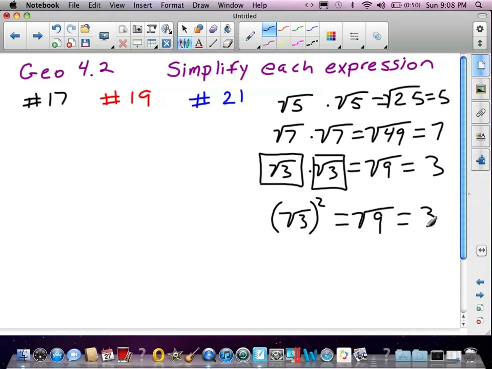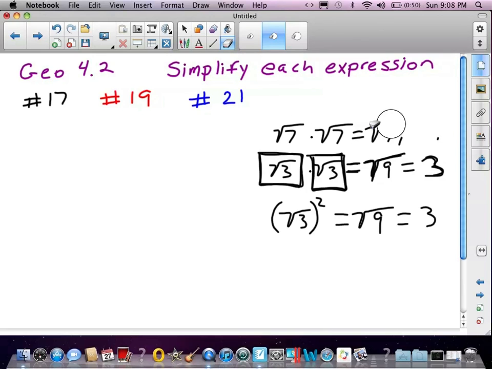So repeating it one last time, a square root times itself will give me a radical expression that leads to a perfect square. Because remember, as we move into this, you cannot have a square root or a radical expression, however you want to say it, in the denominator position of a fraction. Okay. So now hopefully you have a little bit of an understanding of that situation there.